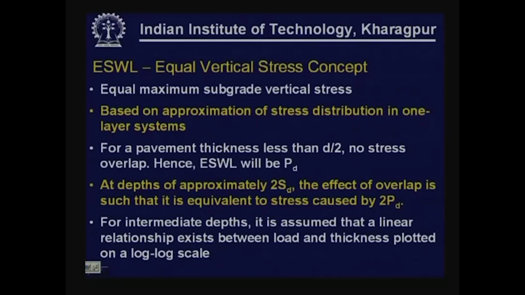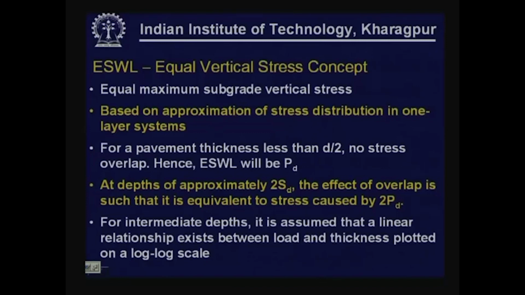For a pavement thickness less than d by 2, as we have seen in the previous slide, there is no overlap. Hence, the equivalent single wheel load will be PD, that is equal to one single wheel load. The other wheel load is not coming to picture, its influence is not to be seen at smaller depths.